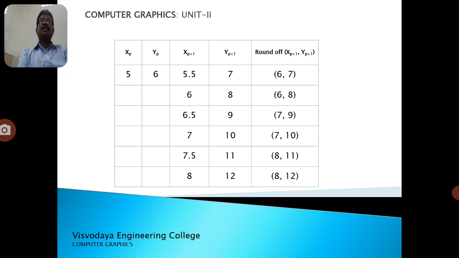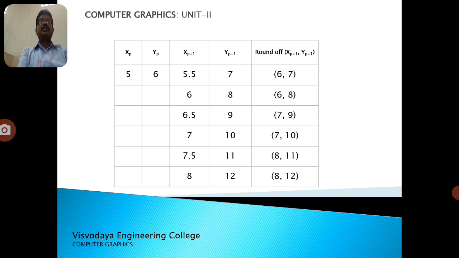So the x coordinate is increased by 0.5 every time, and the y coordinate is gradually increased by 1, 1, 1, because in the given equation, if m is greater than 1, then xk plus 1 equals round off 1 by m plus xk, and yk plus 1 equals round off 1 plus yk. So that's why every time 0.5 is incremented for the x coordinate, and every time 1 is incremented for the y coordinate.